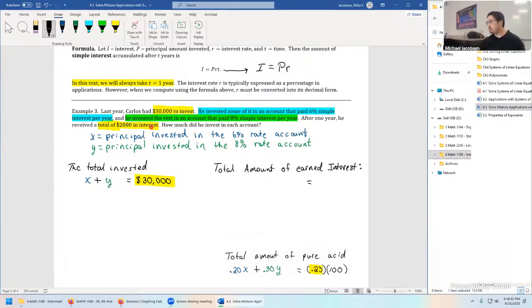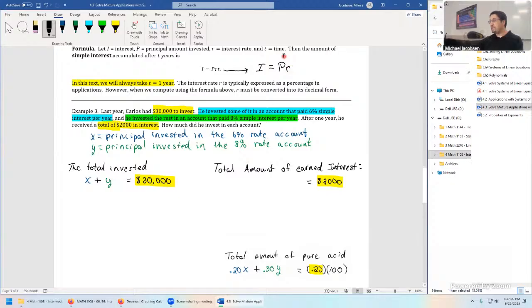So $2,000 altogether. The only difference here is that the $2,000 in interest didn't need anything multiplying it, whereas in the last problem, the 100 gallons needed the 23% to multiply it. Here, we just put it in strictly as the 2,000 that was cited there.